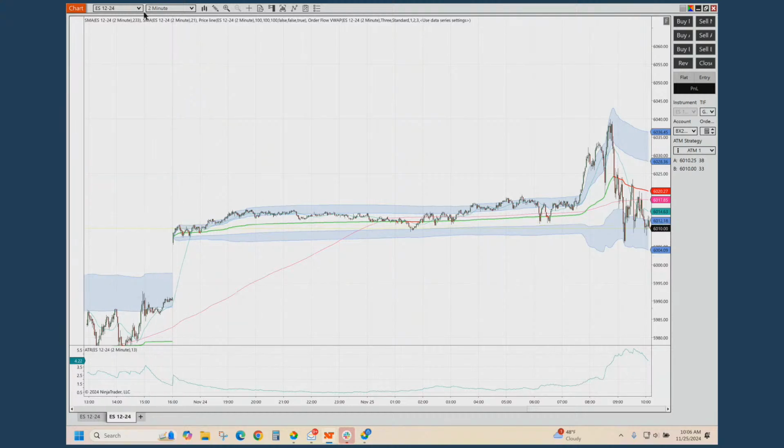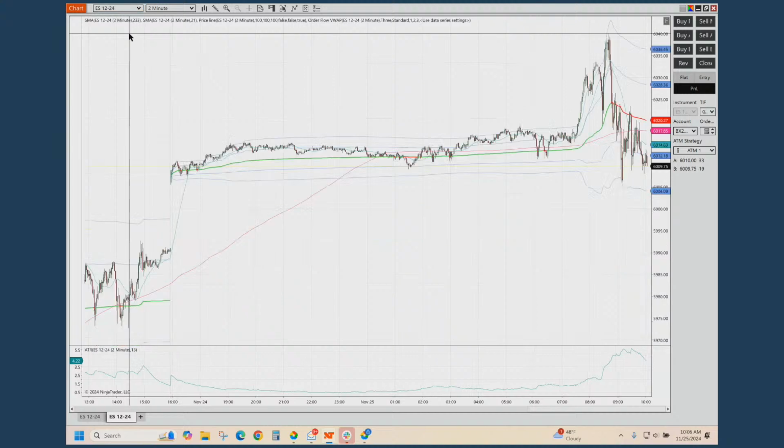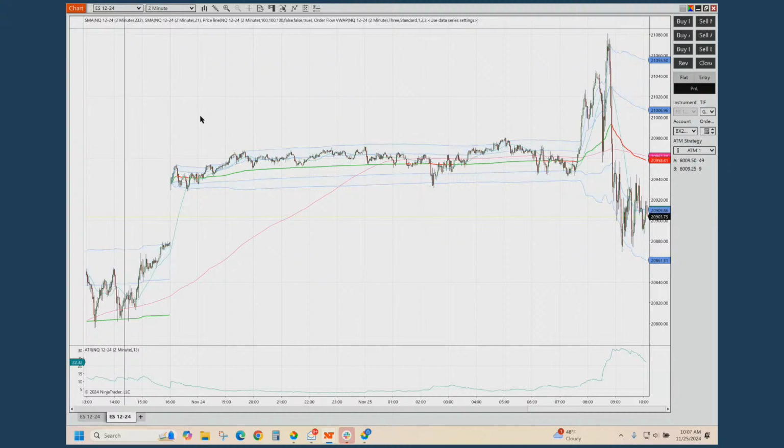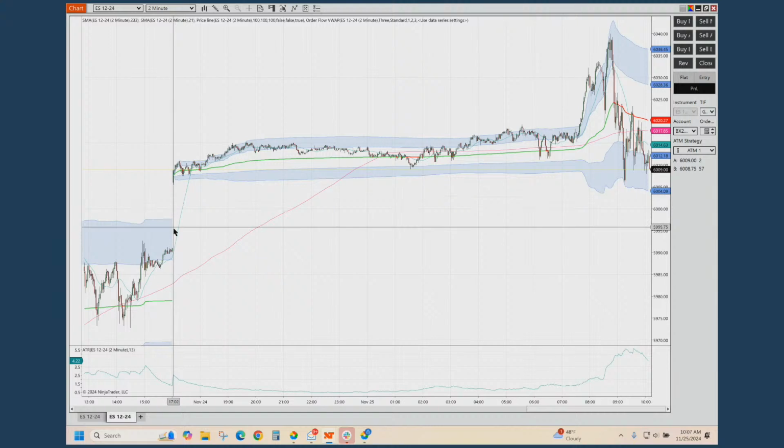In NQ, the gap up has been filled. If I show you the NQ, this gap has been filled, but ES hasn't filled the gap.